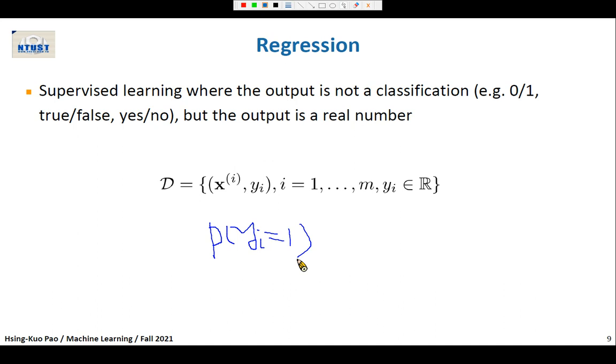You got that? So there are many different choices. Making classification into regression means that we want to predict probability.